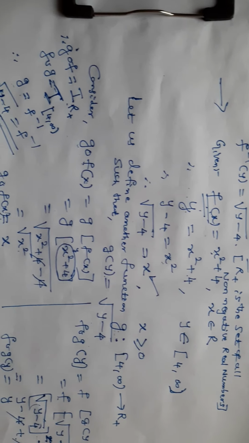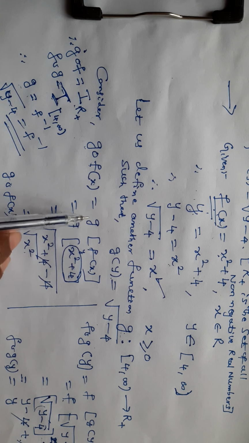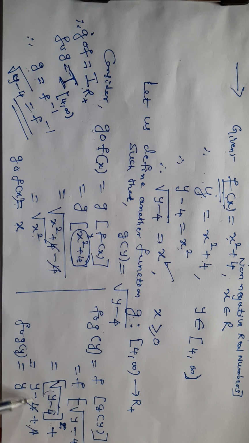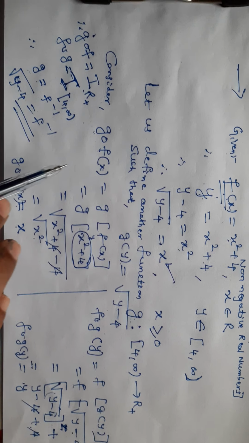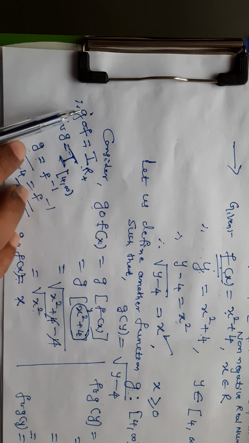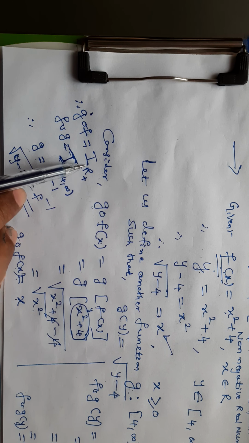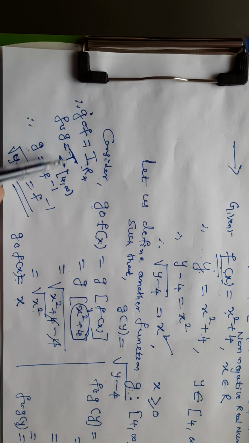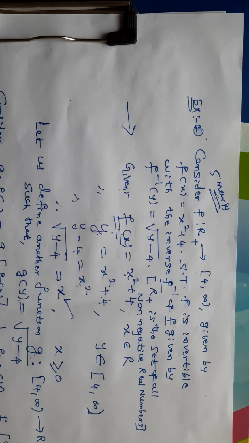Then you consider composite functions, g of f of x, and prove all these things. Then f of g of y becomes y. What we have proved, which is very important, is that the composition of f and g is the identity function on R plus, and the composition of g and f is the identity function on 4 comma infinity. Therefore g is the inverse of f, that is nothing but square root of y minus 4. So inverse of f is square root of y minus 4. That we have proved here.